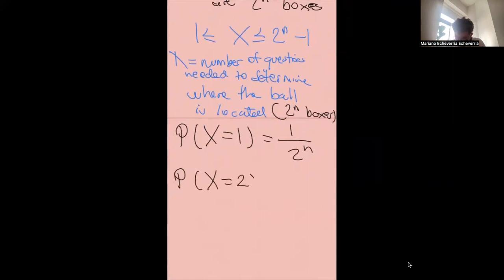What's the probability that X equals 2? Assuming you would only get to the second question if the first one wasn't right, it's like asking again what the chances are for the ball to be located in the second box. And that's also 1/2 to the n.